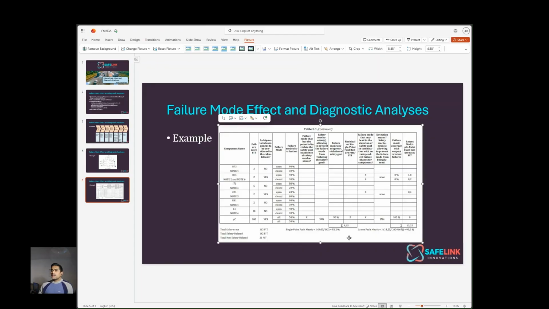Overall, the FMEDA is used to determine the single point failure metric and the latent failure metric.